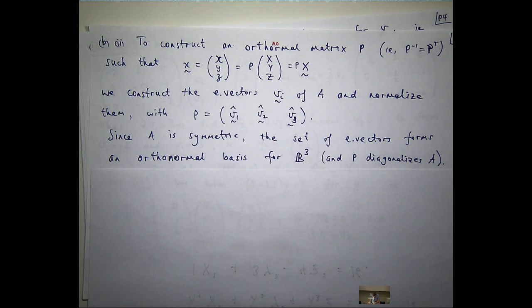One other side comment is that since A is symmetric, the set of eigenvectors forms an orthonormal basis. So we can really, like the big X, big Y, and big Z axes are all going to be a nice framework from which to work within.